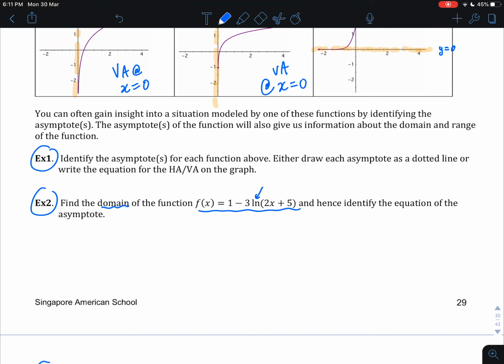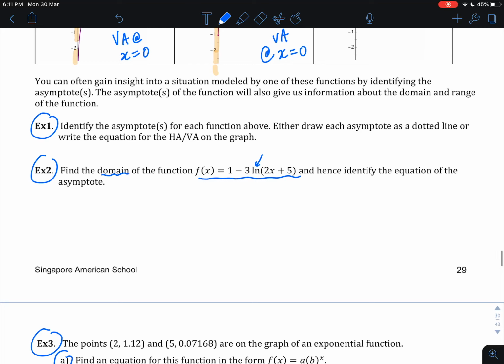If there had been a reflection over the y-axis, a change in x, then instead of having this kind of function, we would be dealing with that kind of function. In this case that isn't the case, but that's something you want to pay attention to. What we have to focus on is the fact that you cannot have a logarithm with a negative numerical value, because it's e to the power of what that will produce a negative value, and there's no such value.